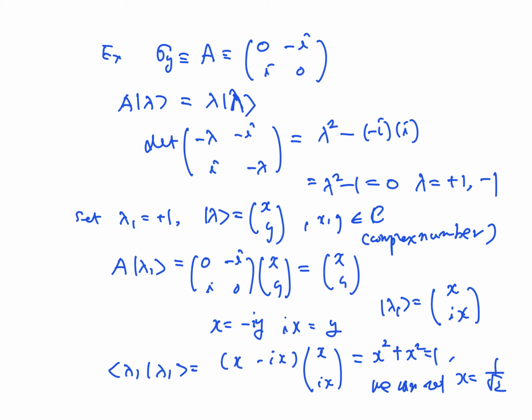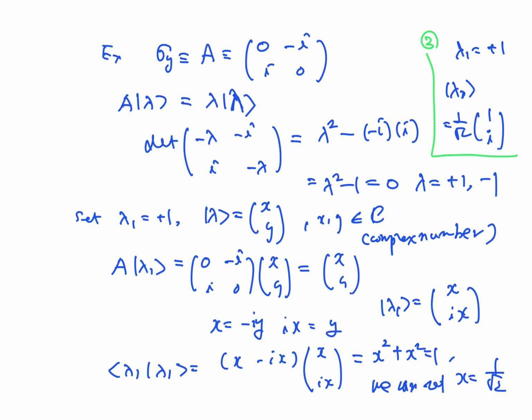Then lambda 1 is equal to 1, and this orthonormal basis is 1 over square root of 2, 1 i. That's familiar, right? We have seen this before. So I associate this matrix with lambda 1 and this basis.